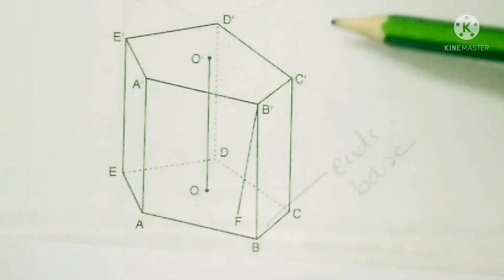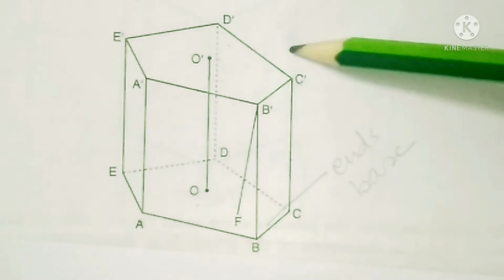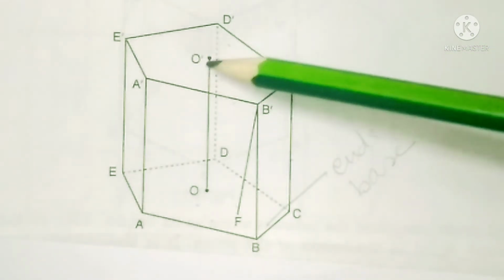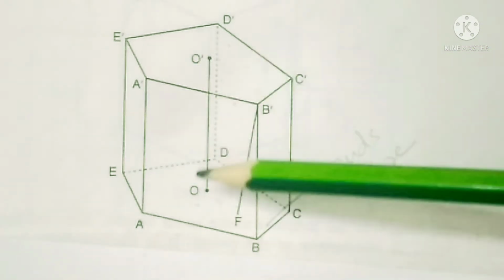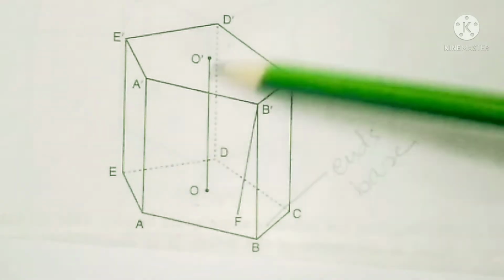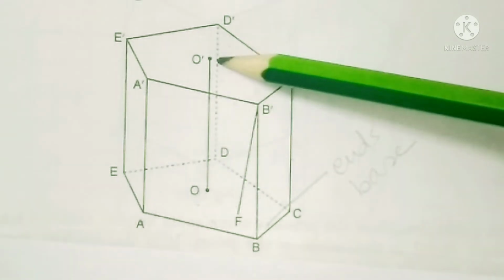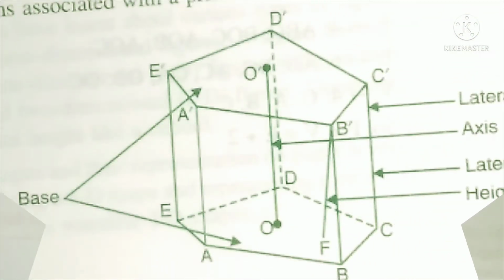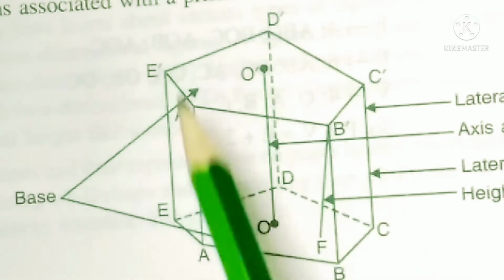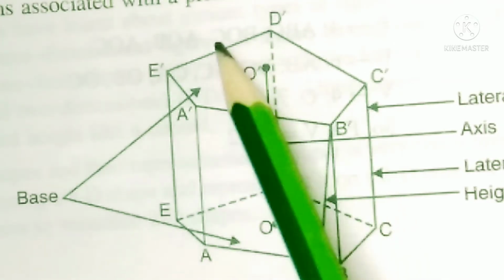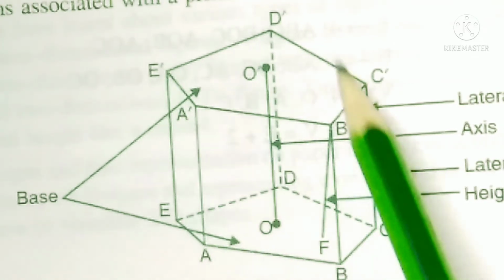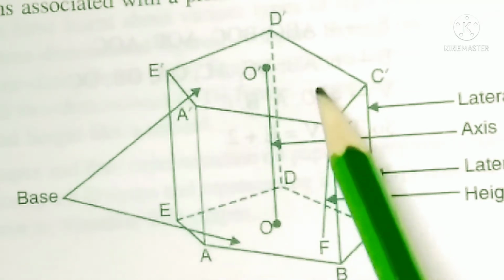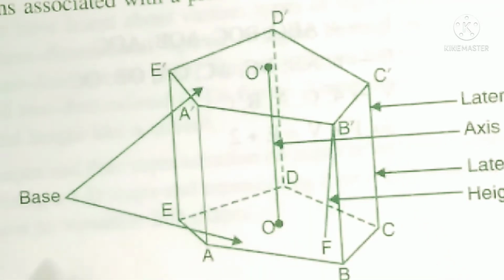Okay, so what is a prism? A prism is a solid which has two congruent parallel faces. Now there are different types of prisms. Let us see that. In this particular figure, if you see here 1, 2, 3, 4, 5, 5 sides are there, so it is a pentagonal prism.